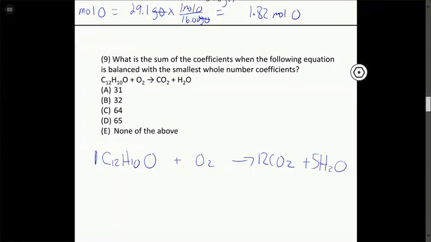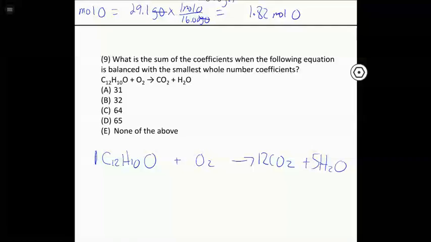So now the last thing we want to do is balance oxygen, because oxygen appears in 4 different places. If you have something that appears in multiple places, you typically want to balance that last, because everything we do to these coefficients is going to affect the number of oxygens that we have. But now we've balanced all of them except for O2, so we can use O2 to make sure that the number of oxygens is the same on both sides.